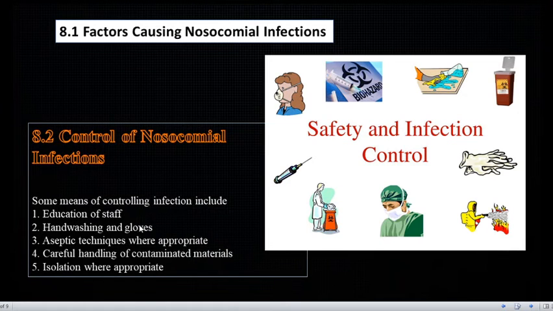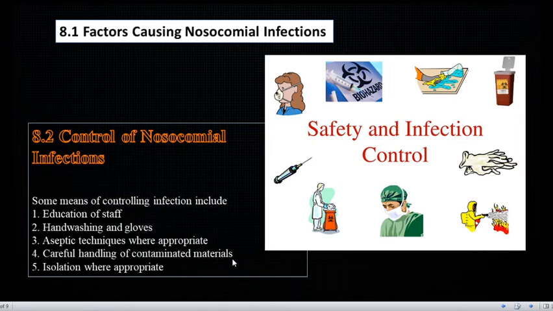Number 2, hand washing and gloves, wearing gloves, very important. Number 3, aseptic techniques where appropriate. So, dapat tama yung ginagamit ninyo na aseptic techniques. Proper use of chemicals, okay, for aseptic techniques. Careful handling of contaminated materials.